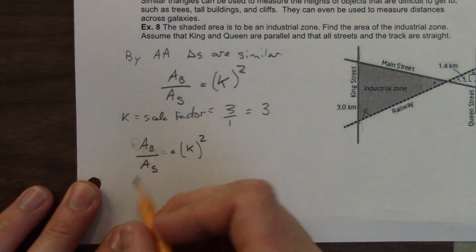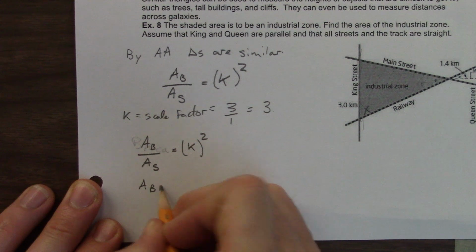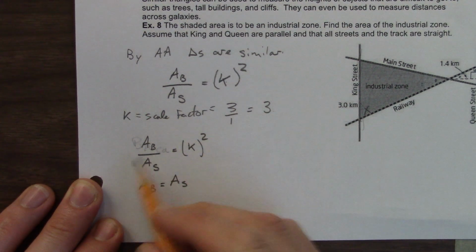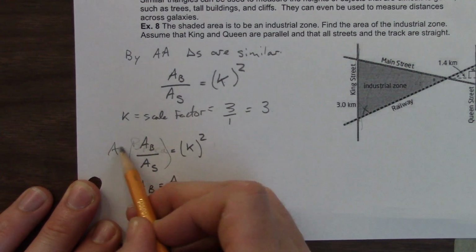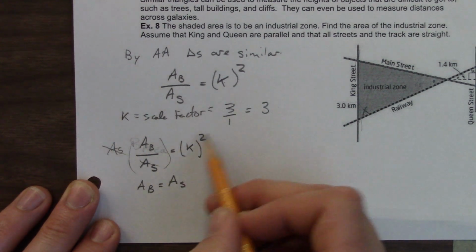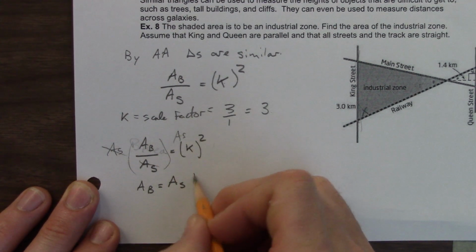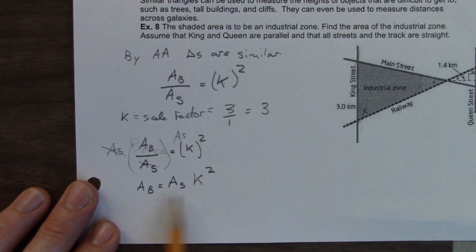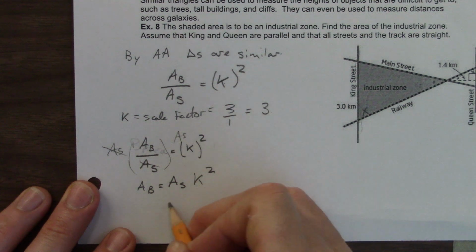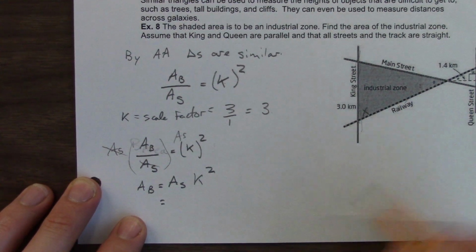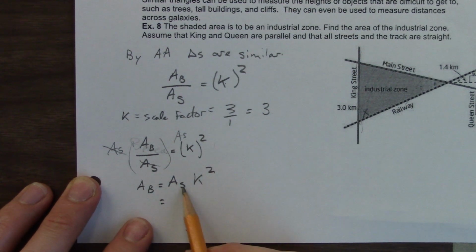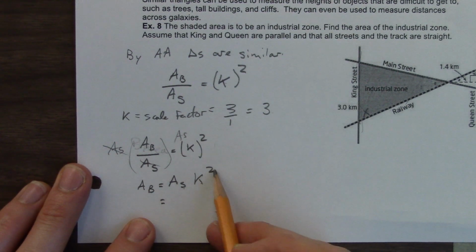So we multiply both sides by the small area, so it would cancel out here, and then we would have the small area times k squared on the other side. So now we know that the area of the shaded area is going to be equal to the area of the small triangle times k squared.